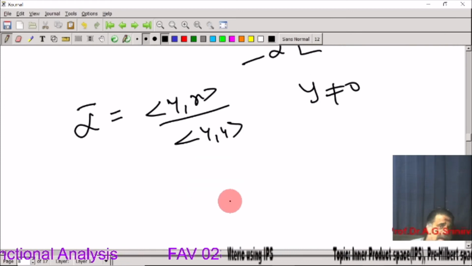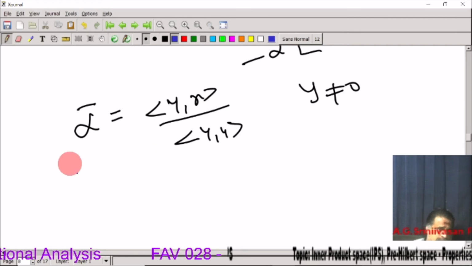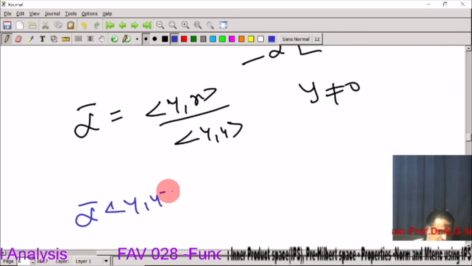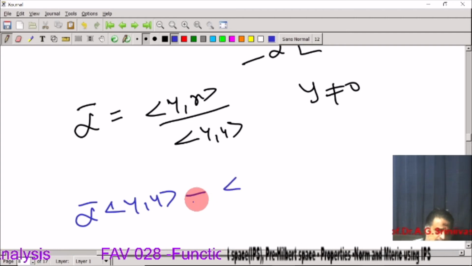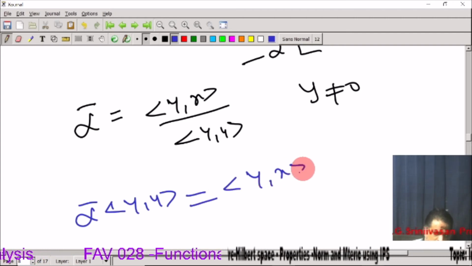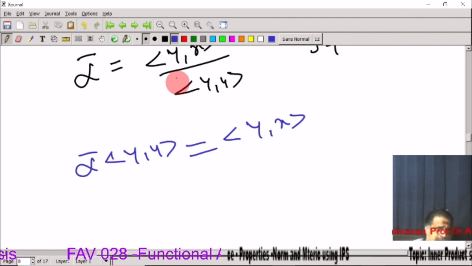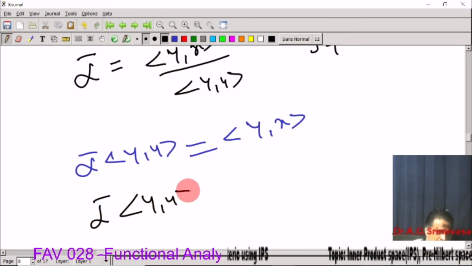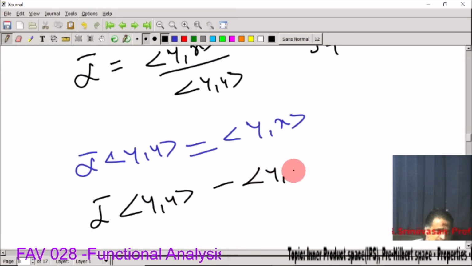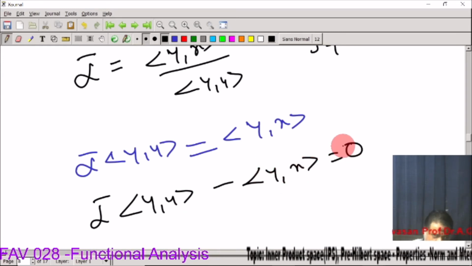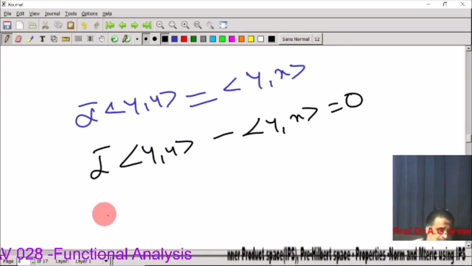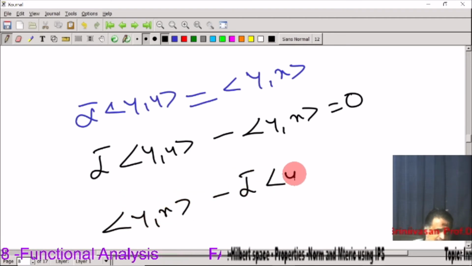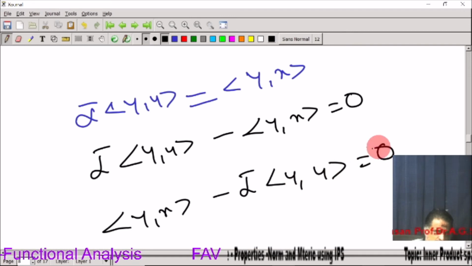So I choose alpha bar equal to inner product yx by inner product yy. Now if I cross multiply, alpha bar inner product yy is equal to inner product yx, or inner product yx minus alpha bar inner product yy is equal to 0.